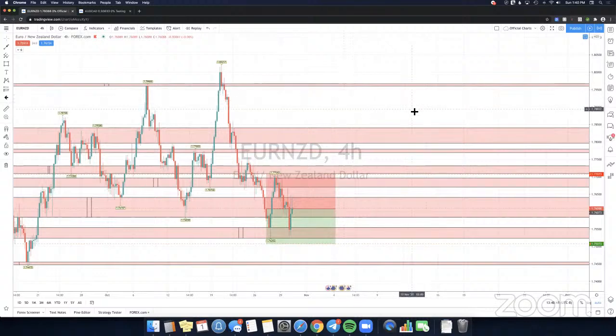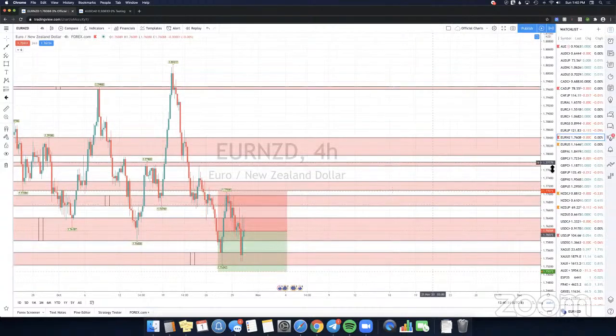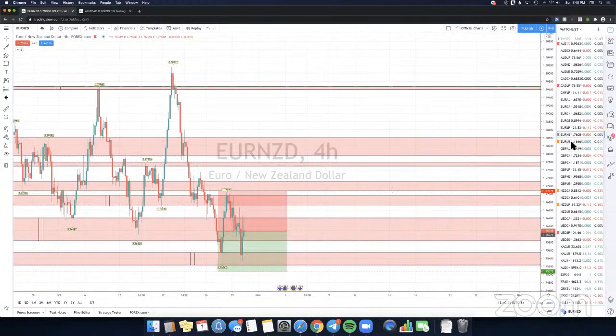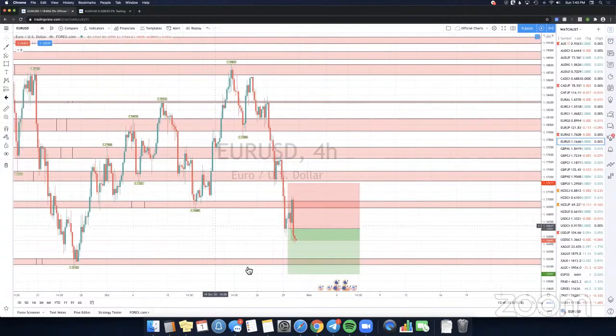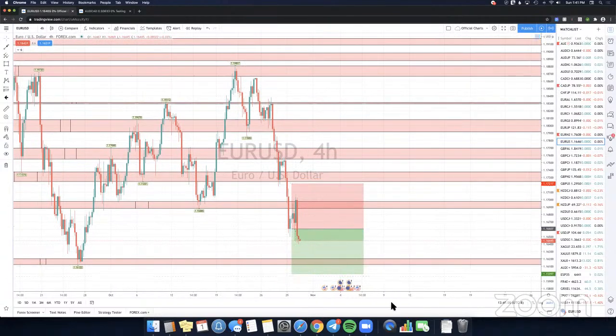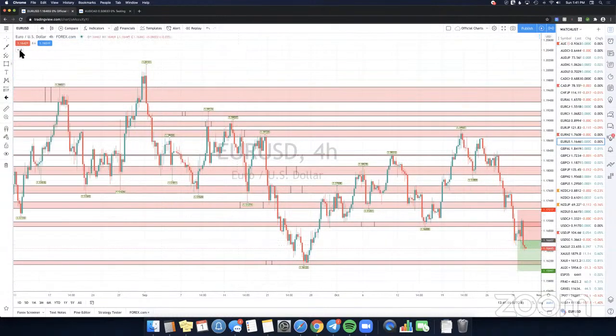I'm gonna try to zoom through these other pairs real quick so I can give you guys all of the zones before market opens. So let's go down to Euro USD right here. Let me zoom out. Let's see if the zones are the same from last week.